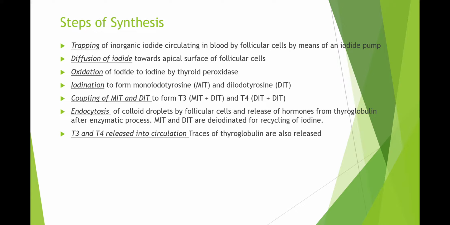Then oxidation of iodide to iodine by thyroid peroxidase, followed by iodination to form monoiodotyrosine, MIT, and diiodotyrosine, that is DIT. Coupling of MIT and DIT to form T3, that is 1 unit of MIT and 1 unit of DIT, and T4, that is 2 units of DIT.